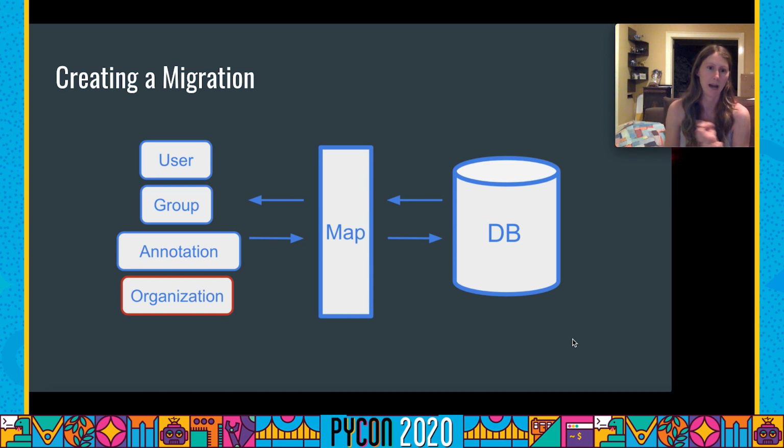First, we need to add the organization table into our database. Then we need to define a relationship between the existing groups table and the new organization table. And then finally, we're going to define for all of our existing groups an organization that they belong to. So basically, no group is allowed to be without an organization.